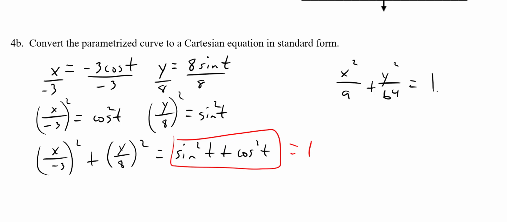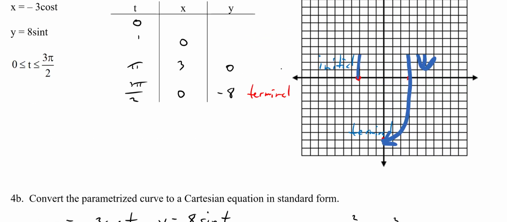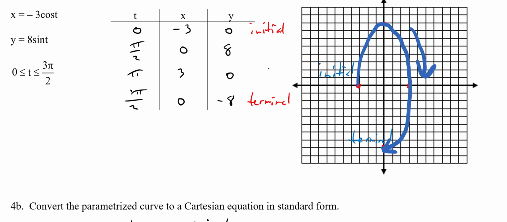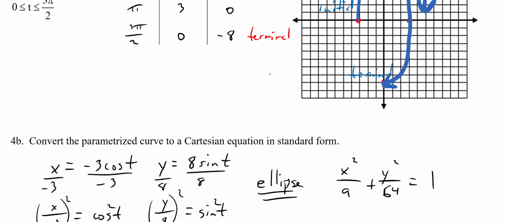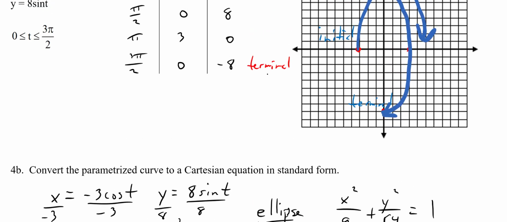That's it. Okay, so what is this, guys? That's kind of weird, 64. What is that? That is an ellipse. Okay, I mean, you can go back and let's look at the graph, right? You see, I mean, it didn't complete the ellipse, but it's definitely the ellipse, but now you got to put your restrictions on there, remember? So go back and look at your chart here.